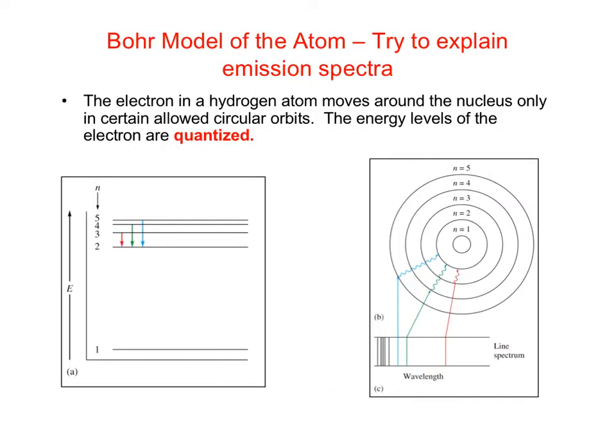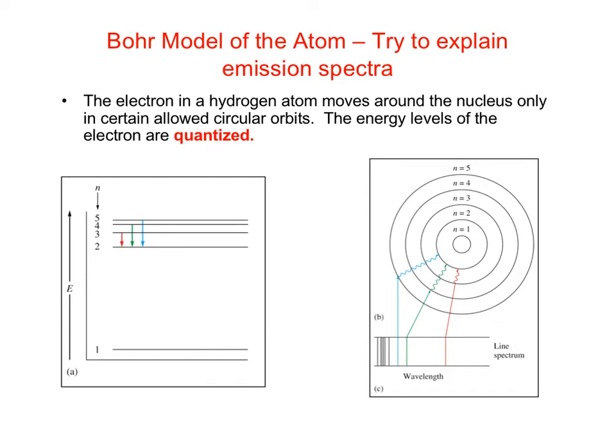And so one of the first successful ways to explain this was a model of the atom developed by Niels Bohr. And in this model, the electron was described as moving around the nucleus of the hydrogen atom in circular orbits, and only certain circular orbits were allowed.